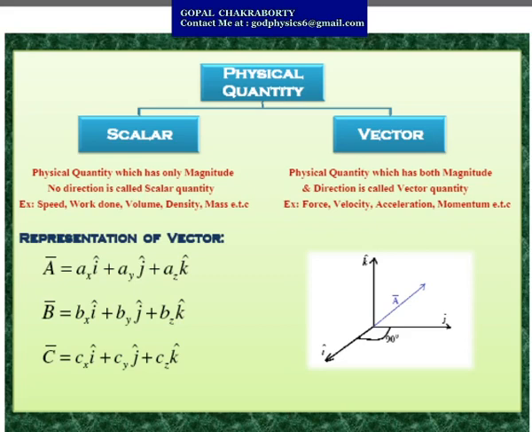So this combination of these three gives you the representation of vector A. Similarly, you can write vector B and vector C, which is given here. When I discuss all these things in detail, we will consider these three vectors A, B and C, which can be represented like this.